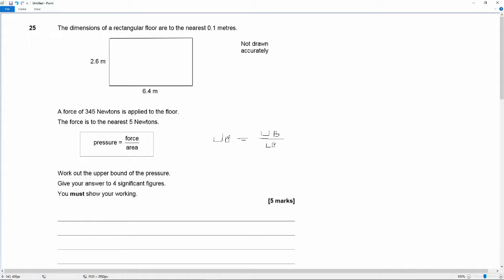Alright, so let's start with the force. 345 is less than or equal to 342.5.